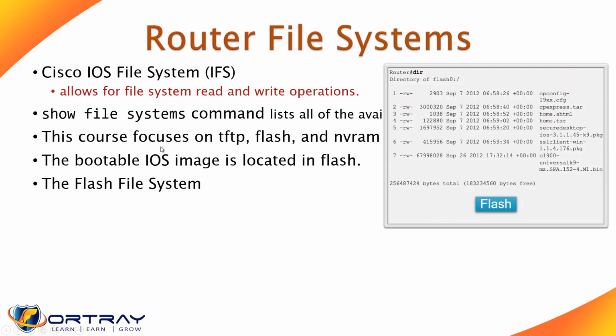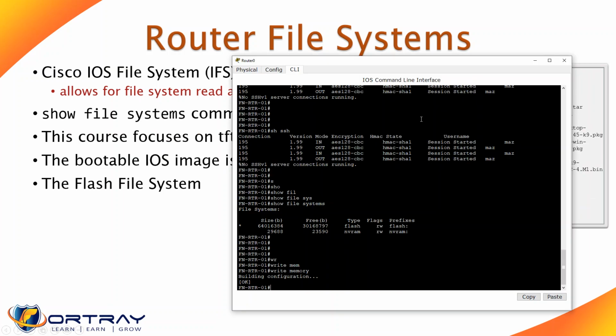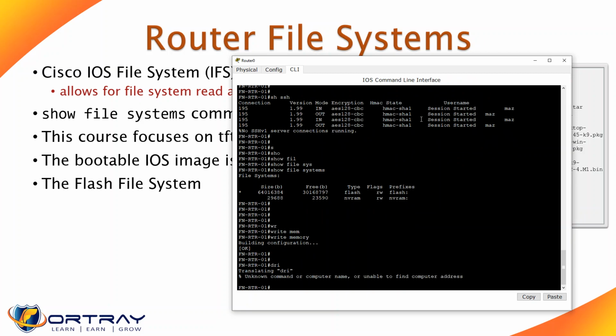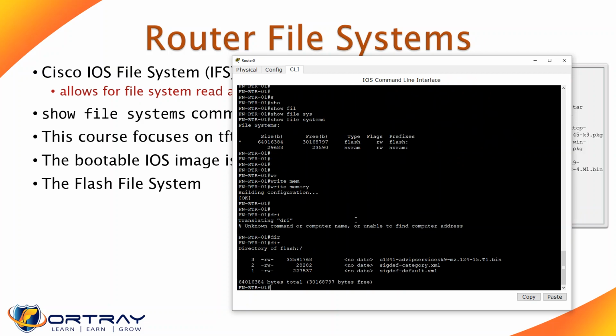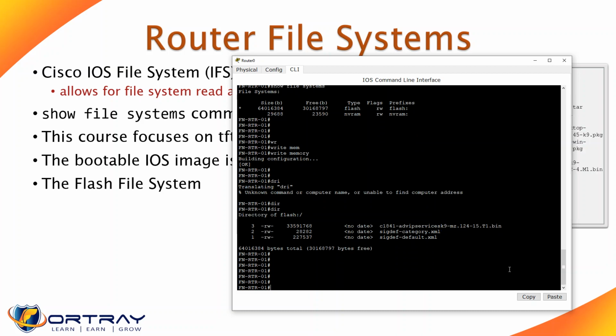We are just discussing the TFTP, flash and NVRAM. The Cisco bootable IOS image is located in the flash. If I type the command dir, you can see it shows the flash, and this is the operating system: Cisco IOS 1844 Advanced Services.